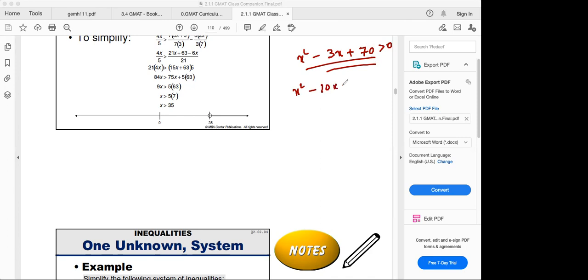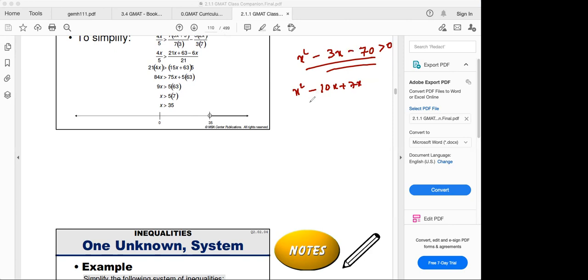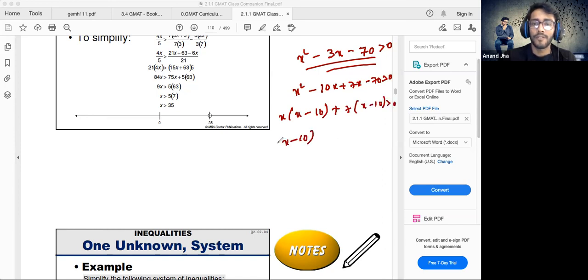Minus 10 plus 7 is minus 3 and minus 10 into 7 is minus 70. So I'll first find the factor form. Greater than 0, then I'll take x minus 10 into x plus 7 greater than 0.